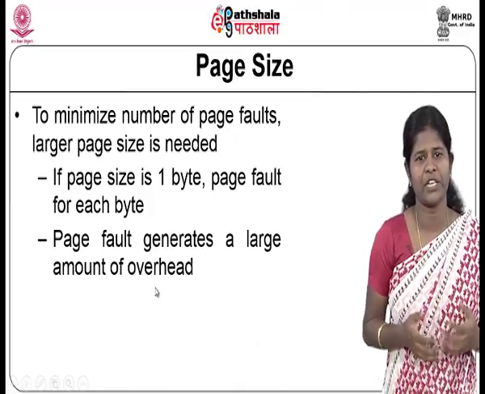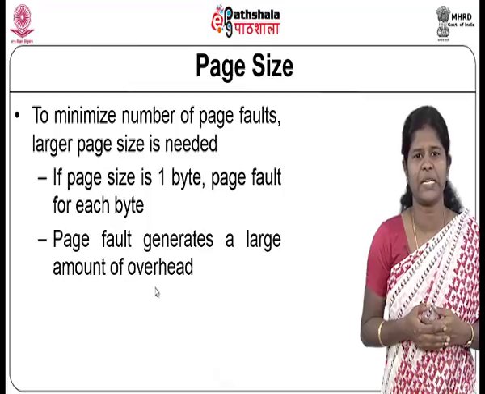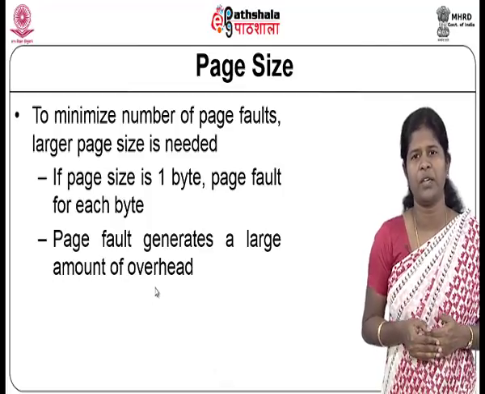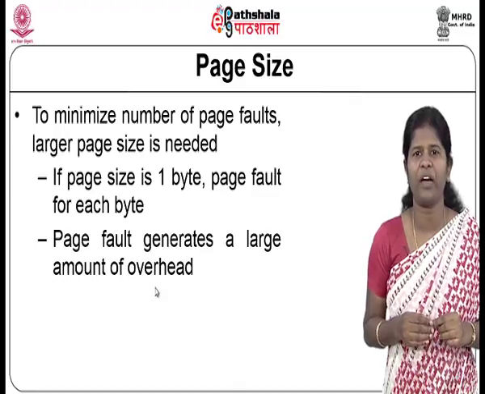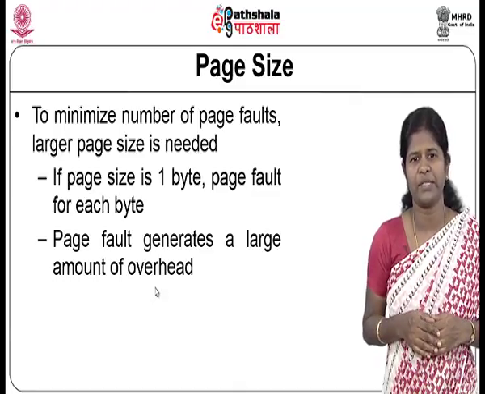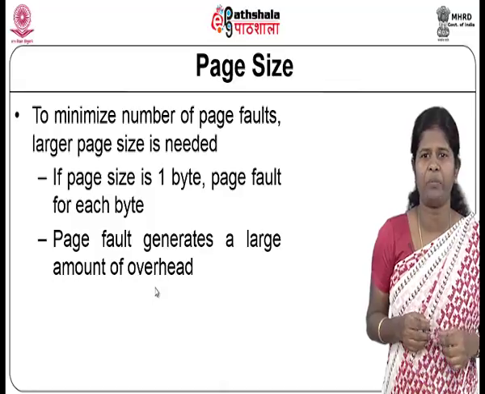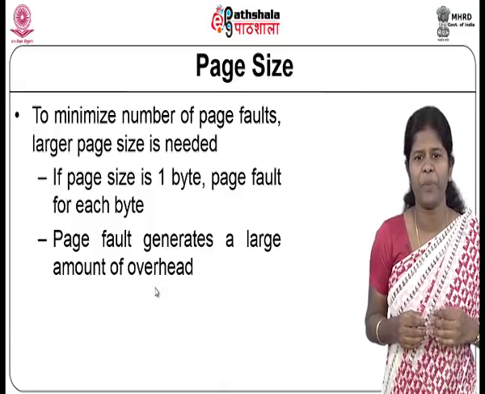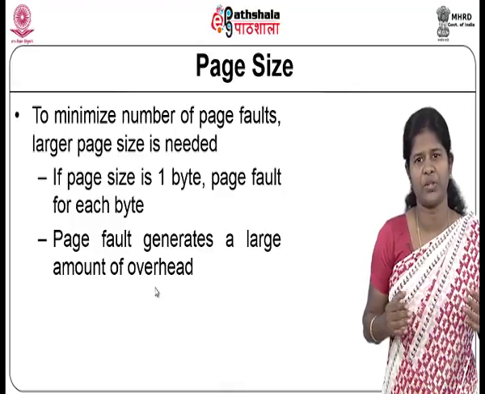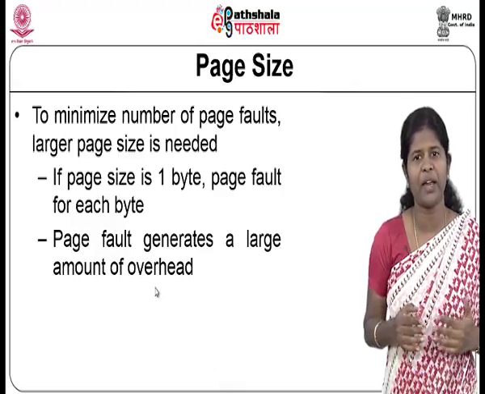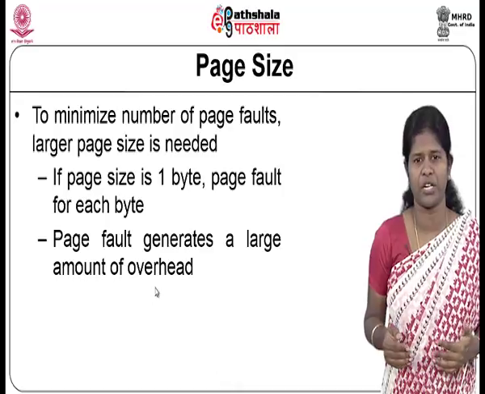And the next issue that you need to look at is the number of page faults. If the page size is very small, then you will have more page faults. Say suppose the page size is only 1 byte, then you may have a page fault for each and every byte, and gradually if you increase the size of the page, then the page faults also get reduced.